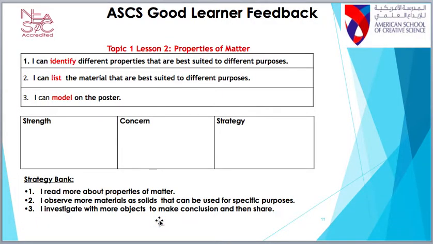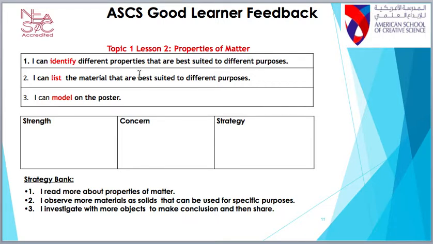Now here, to be a good learner, we have to always give feedback about our learning. So here you have to look over the success criteria and see if you achieved it or not. Number one is I can identify different properties that are best suited to different purposes.